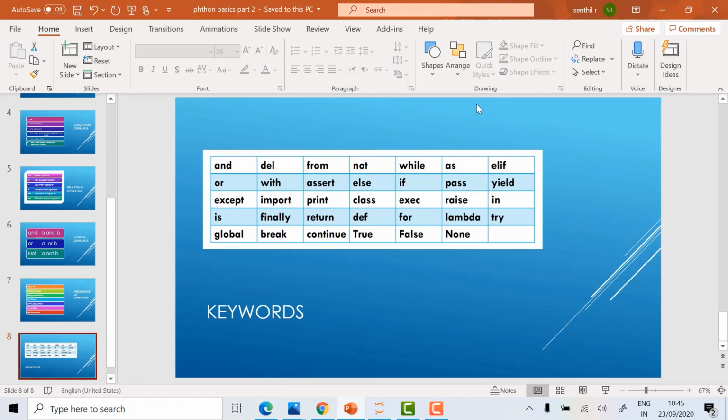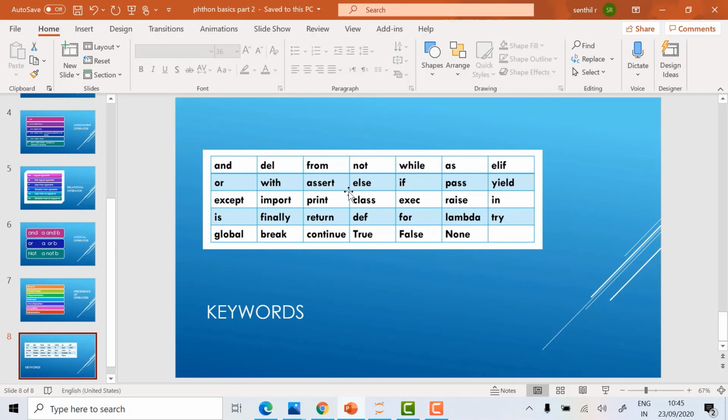Next are the keywords. These are keywords in Python which should not be used as variable names. These are inbuilt keywords. In C we use ampersand symbols, but now we are using and, or, not. If, else is there. Instead of else if, we have elif.